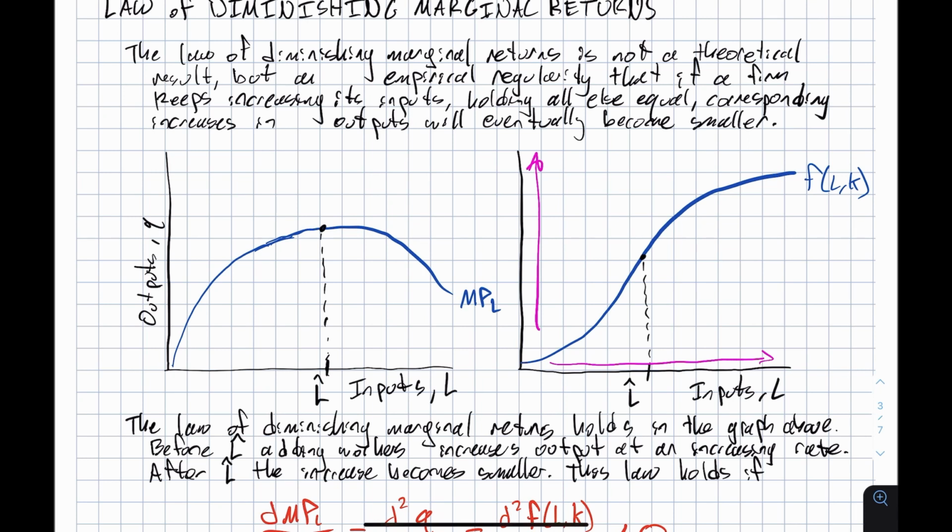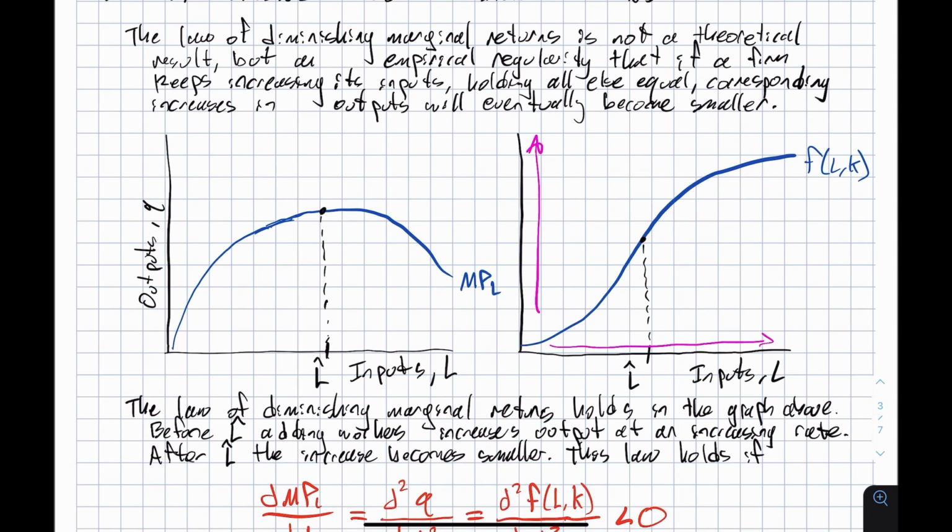So we have this positive relationship, as you would expect. But at the same time, the increase is getting smaller. As we move up this production function, the slope, which is the rate of increase, is getting smaller. So the production function is getting flatter as we move towards higher labor input.